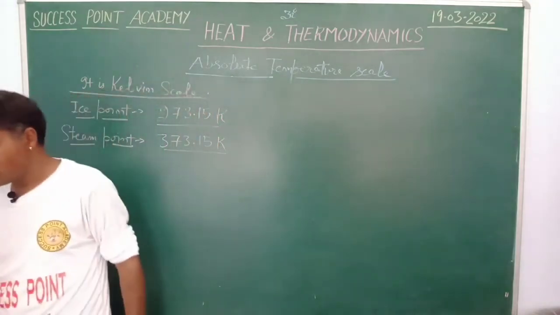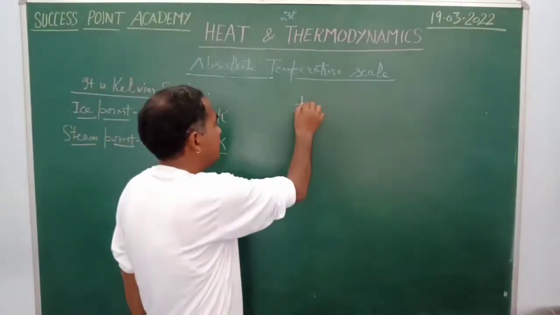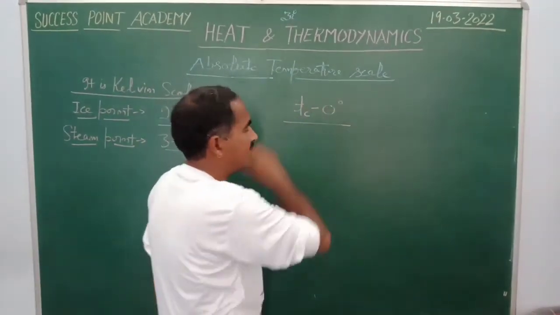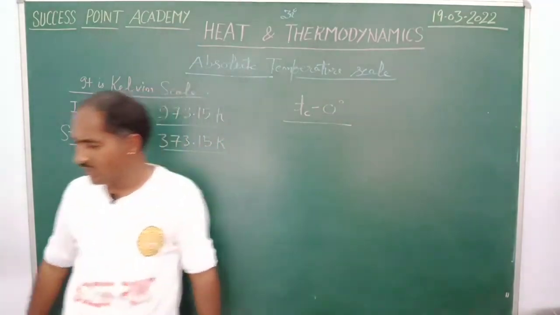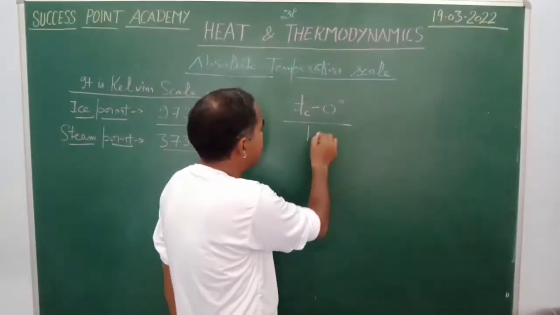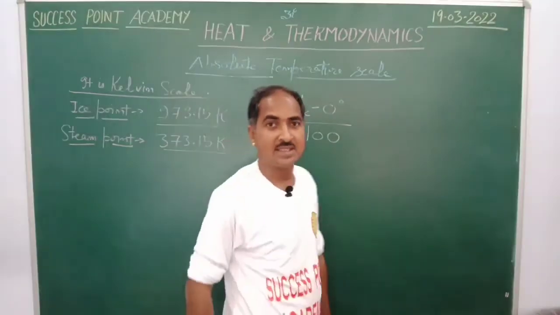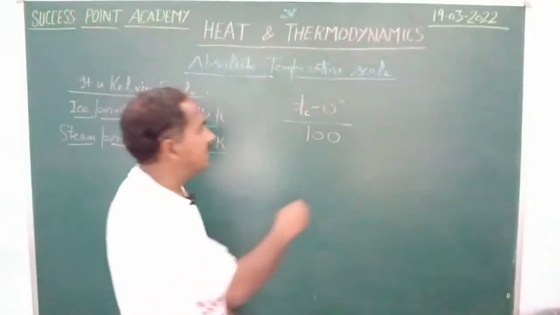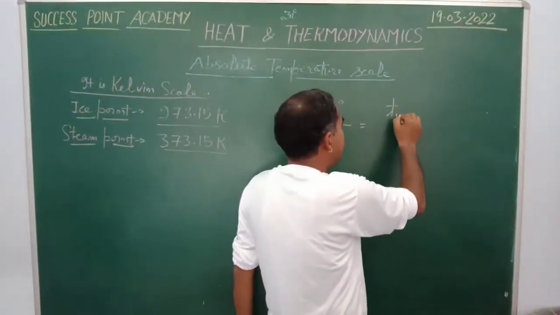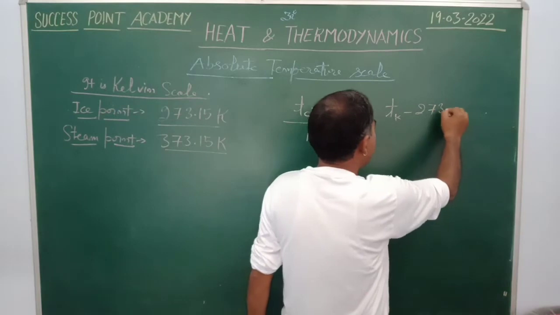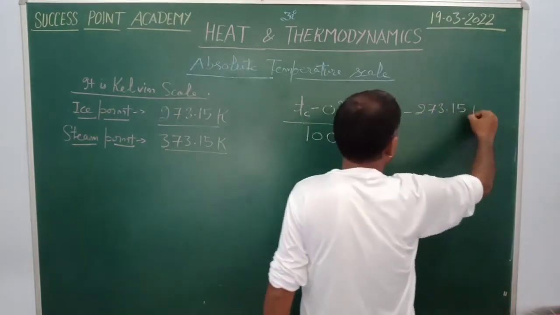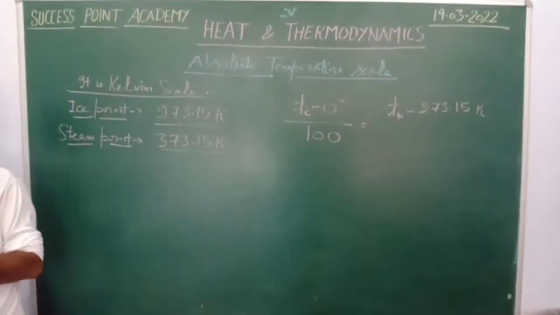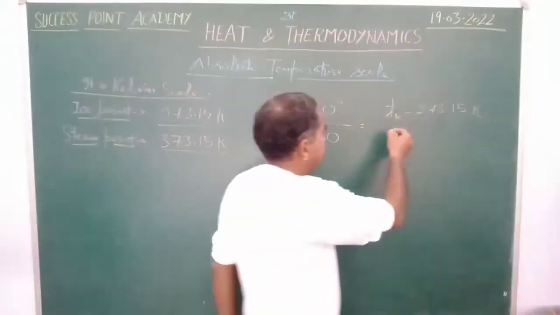It is (TC minus 0 degree) upon 100, since the Celsius scale has 100 divisions, equals (TK minus 273.15 Kelvin) upon 100, where TK is the temperature on the Kelvin scale.